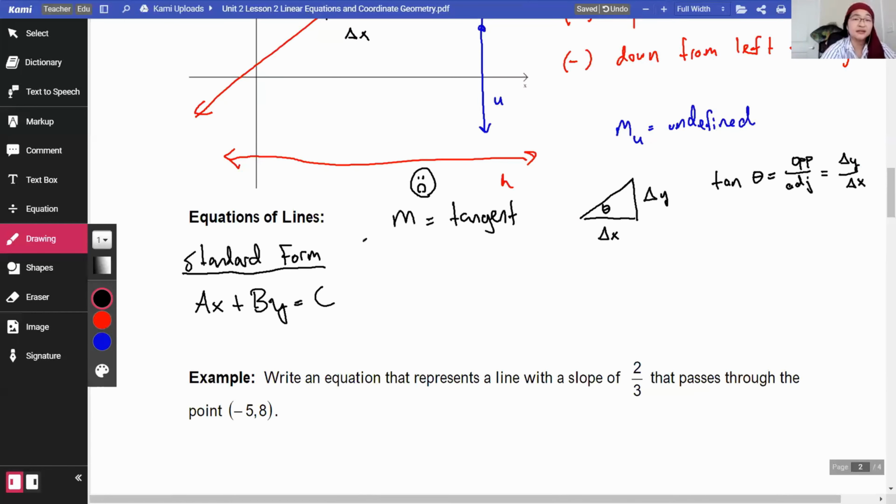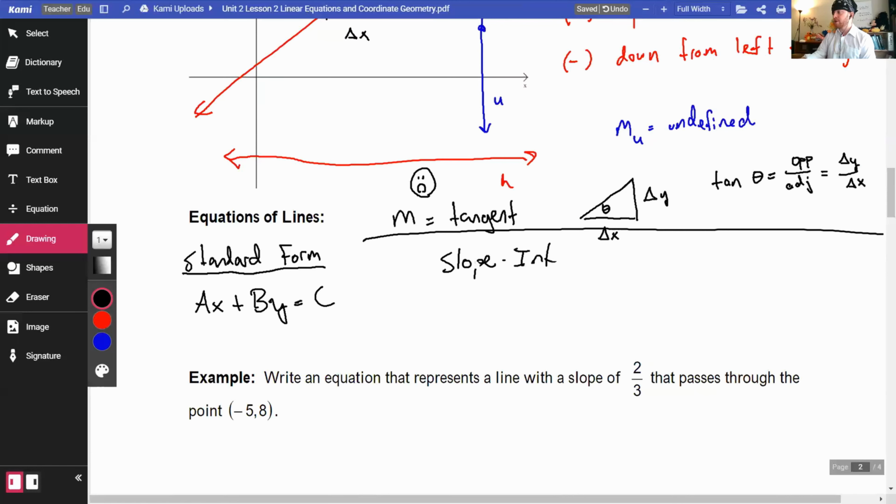There is the slope-intercept form, and that was what we started with. Y equals mx plus b. And I make the person that used this formula walk the plank, because this formula is awful.